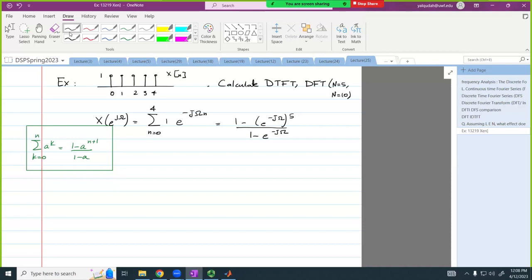Okay, what do we do next? Every time we have an exponential to a power, what do we like to do? We like to take half that exponential off. So we take out e to the negative j 5 over 2 omega, and we get e to the j 5 over 2 omega minus e to the negative j 5 over 2 omega. We can do the same thing with the denominator: e to the negative j omega over 2 multiplied by e to the positive j omega over 2 minus e to the negative j omega over 2.